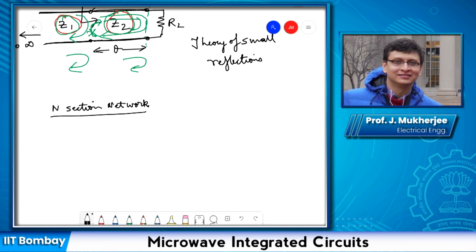So, let us draw that. Say this is the first section with a characteristic impedance Z1 and an electrical length theta1.